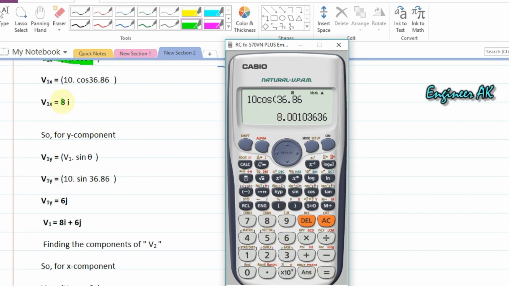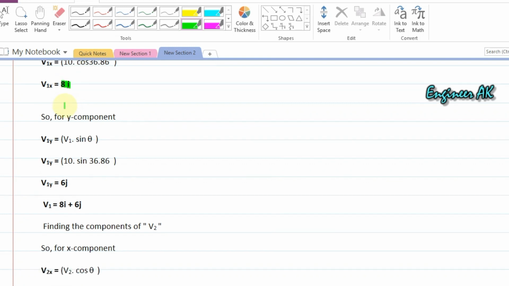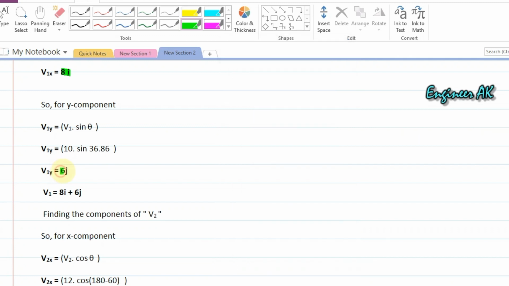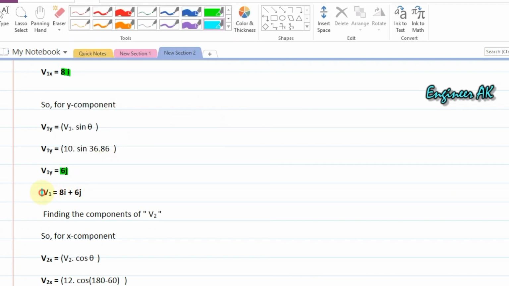I have written here 8i because it's x, and i shows the unit vector in the x direction. Similarly for y, instead of cos it will become sine. If I plug in sine, it gives me 5.99, and if I round it off it becomes 6, right? Here I have written 6j because j is the unit vector in the y direction. If I write them combined, it is 8i plus 6j, right?